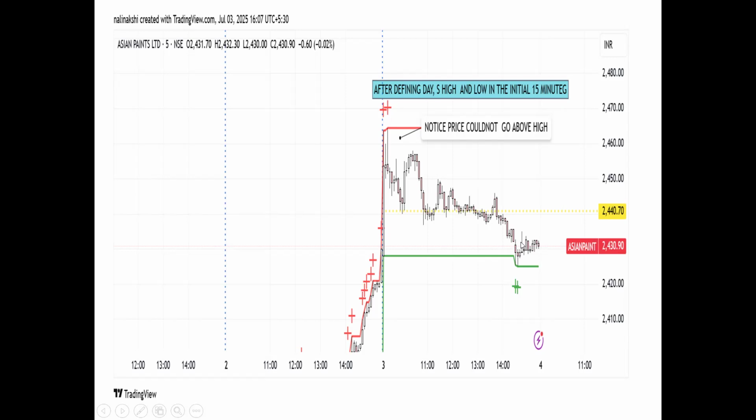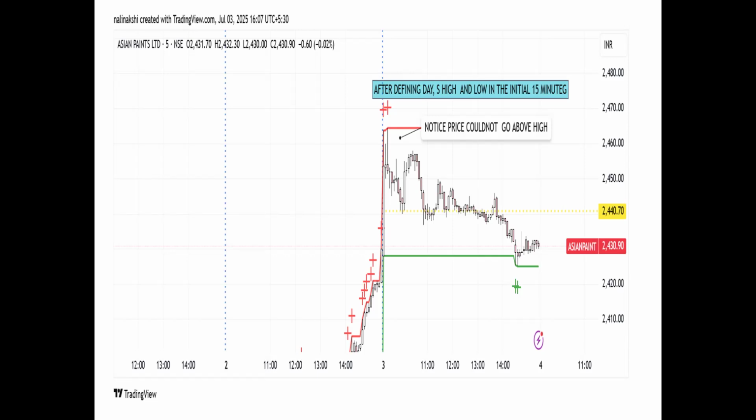This type of price action I've seen many times. A single candle standing out, and then slowly the market started selling off. At that period, you can opt for a PE. The PE will become cheap, and you can trade in this.